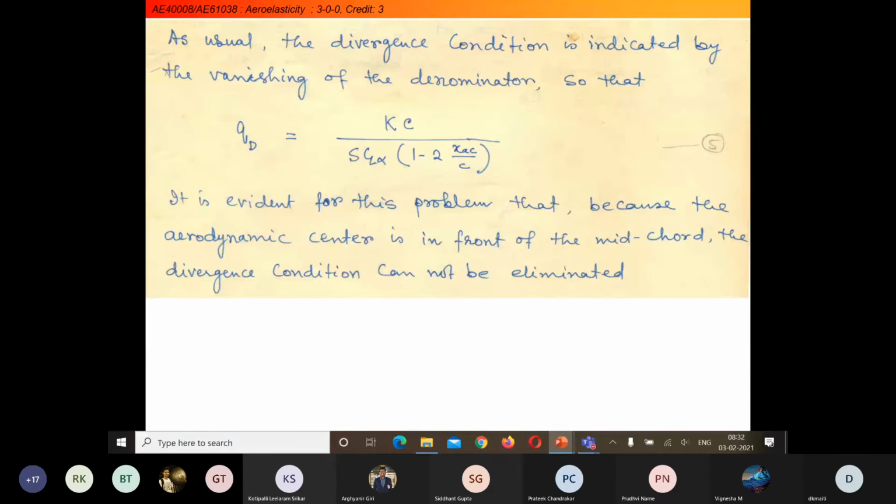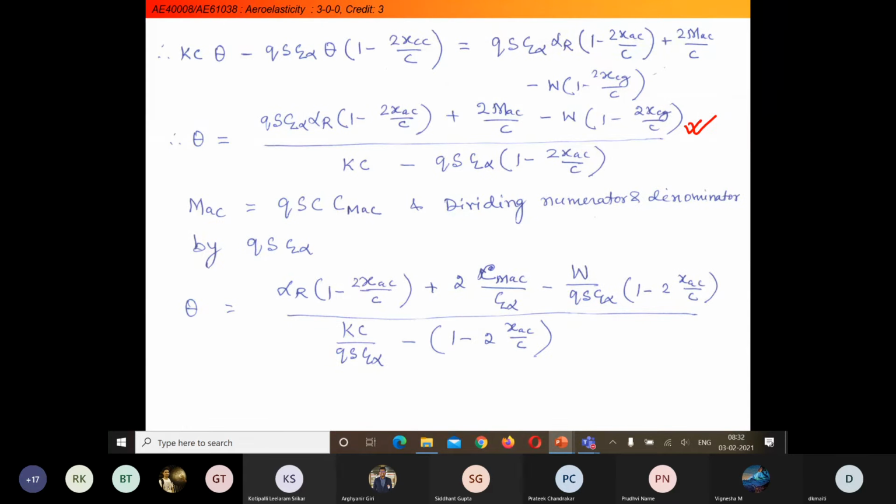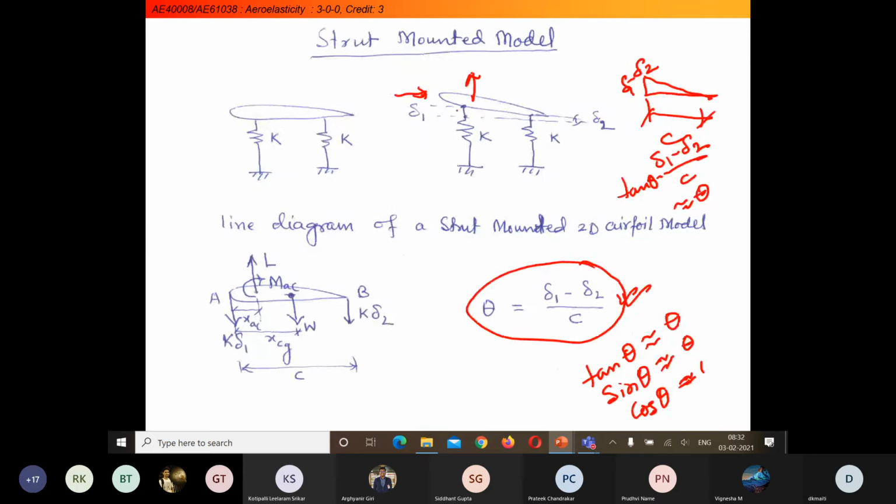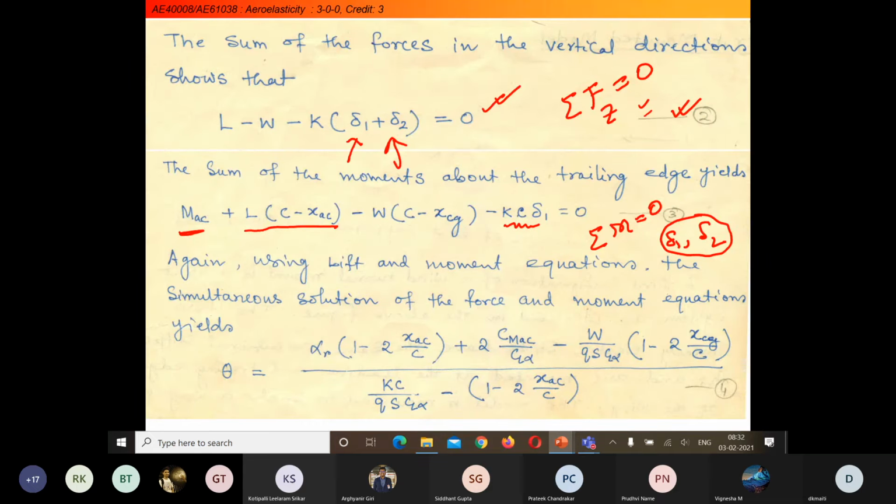This is the value of theta I am calculating here, the expression I have shown in this equation.